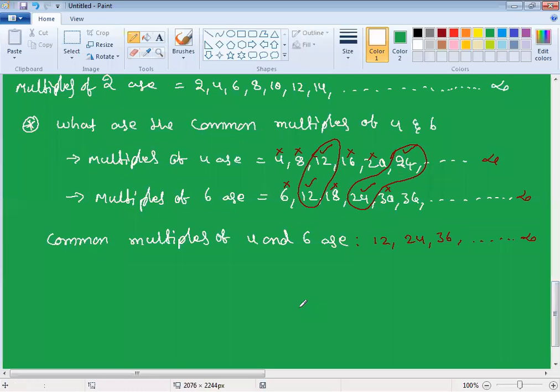Yeah, continuation. So here, find the common multiples. The first question is 3, 5 and 6.